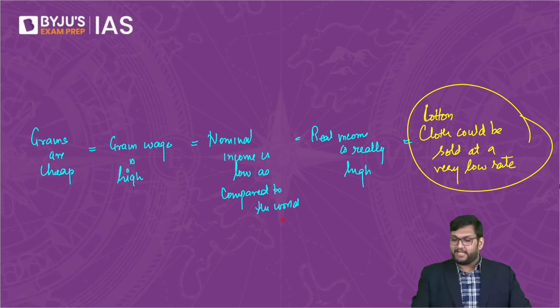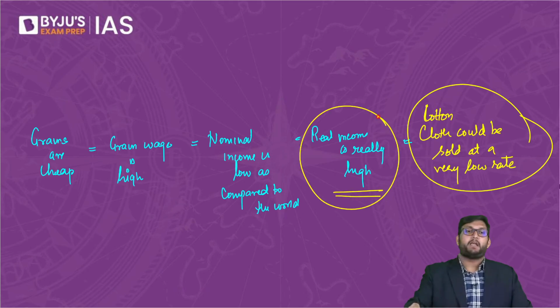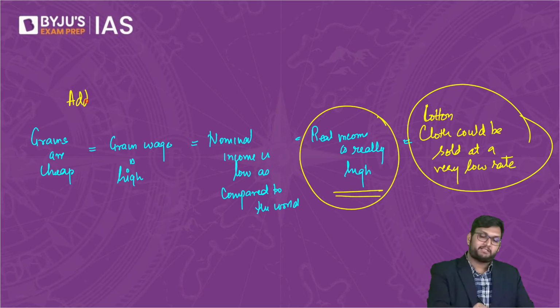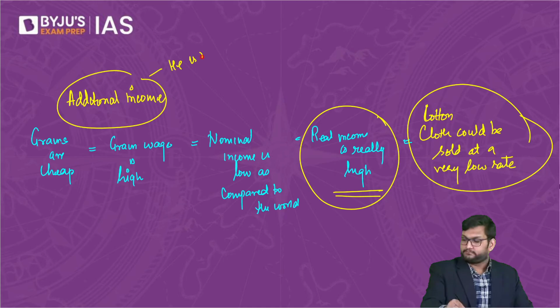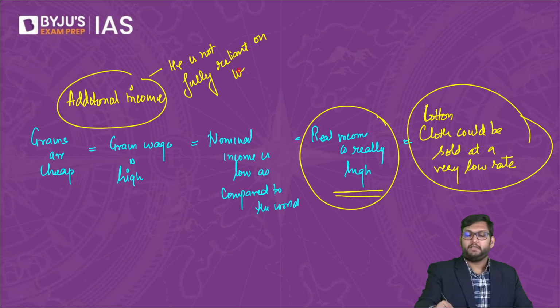Basically, the real income is extremely high, and he also has additional income. So he is not fully reliant on weaving as a profession.